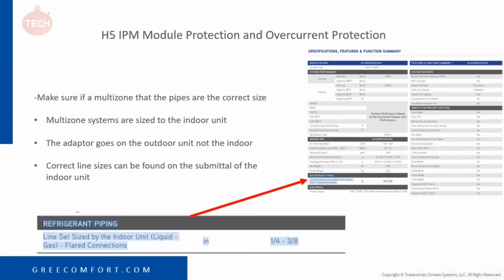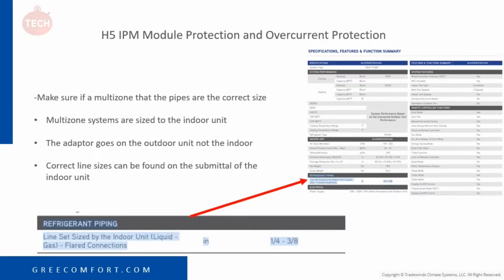But on a multi-zone, something to remember is they are sized according to whatever the indoor unit calls for, and the adapter would go on the outdoor unit, and you would increase the line size all the way to the indoor head. If you're unsure what line size to use, you can go to our website, greatcomfort.com, and go to the submittal.